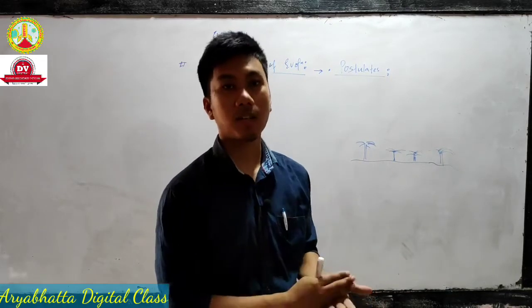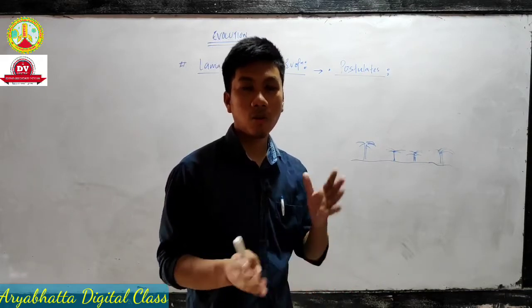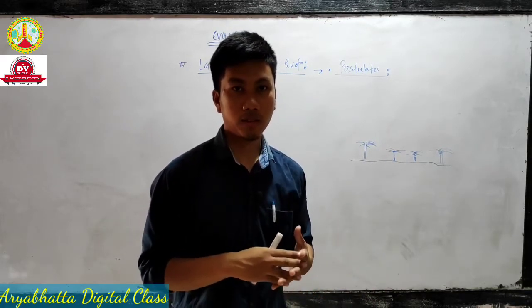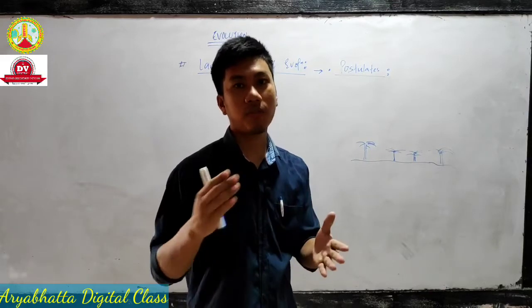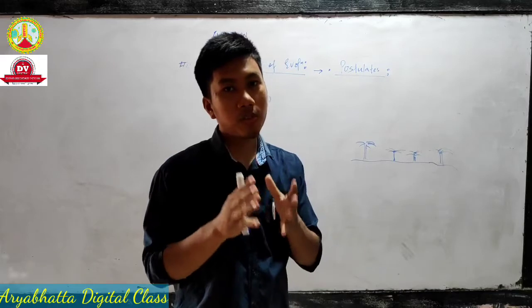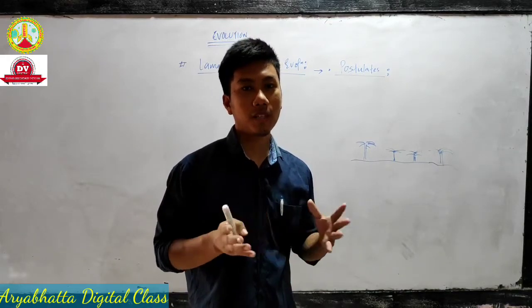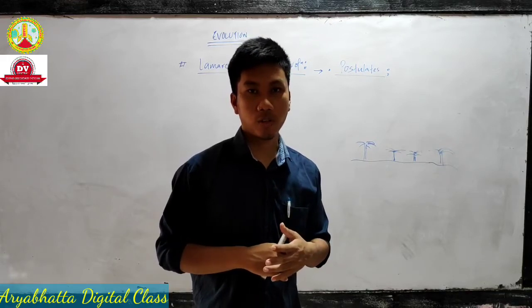The next generation, the offspring, is no longer born as the small kind of animal. The offspring is born as the giraffe kind of animal. So a new species has been developed or formed. That is Lamarck's postulation.